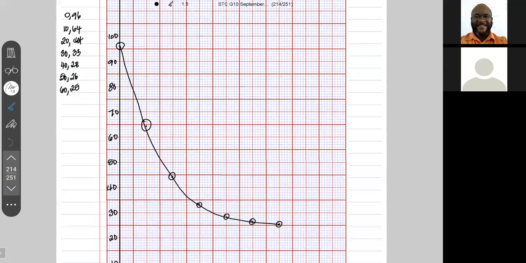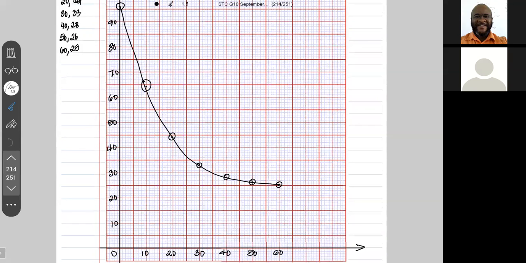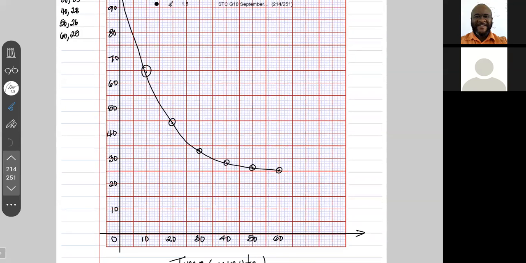We have 10, we have 20, and 15 is between 10 and 20. Everywhere along this line, that's 15 minutes. Wherever I cut the curve, I'm going to draw a horizontal line. It cuts the curve here, so I draw my horizontal line.